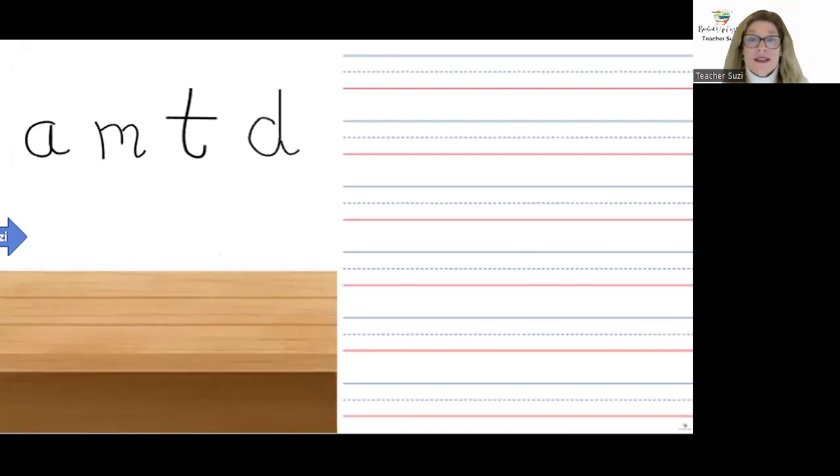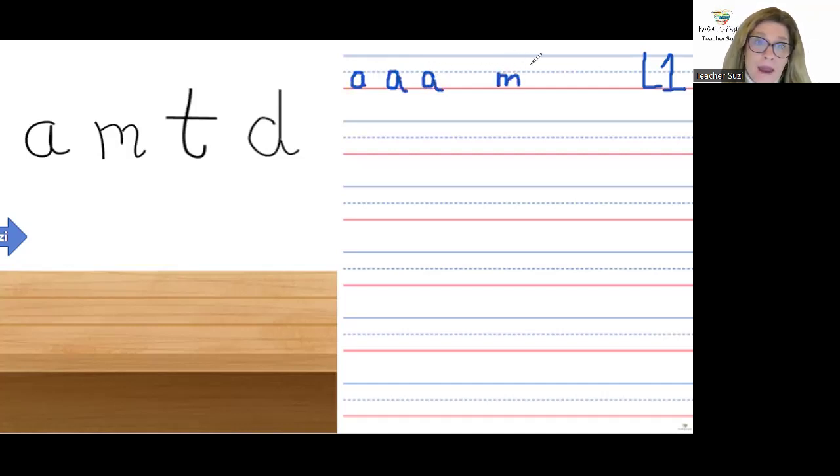I like to have students label the top of their page as the lesson number. This helps us to stay organized. L for lesson, and we're on lesson 1. You can decide how many times students should write the letter. I'm just going to model 3 times. A, a, a.